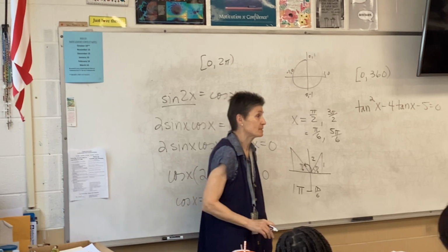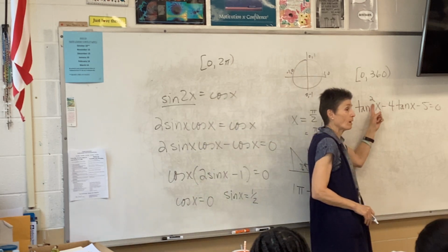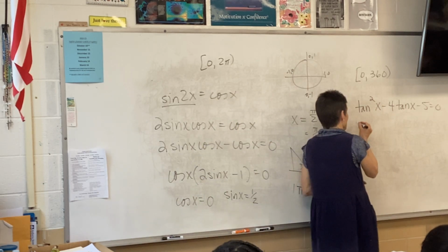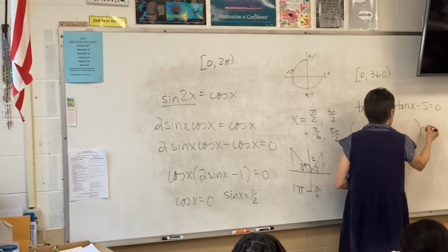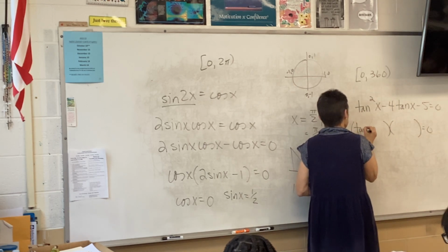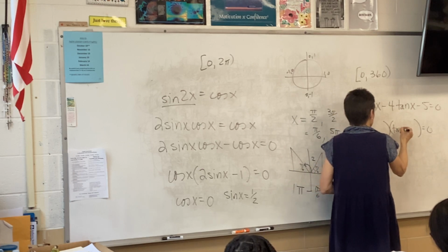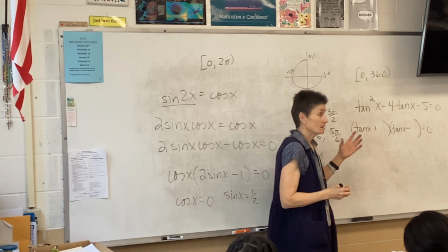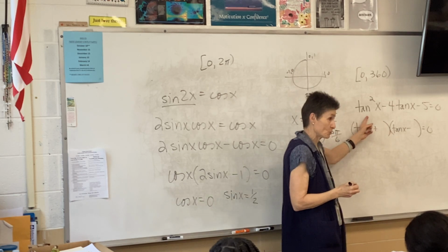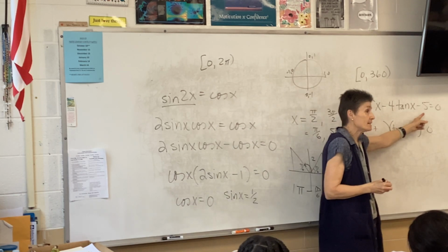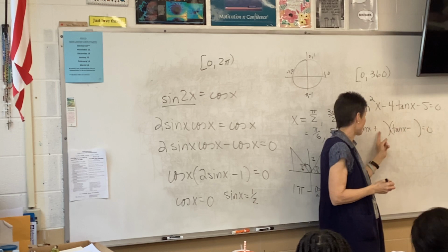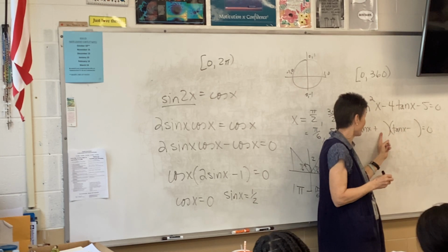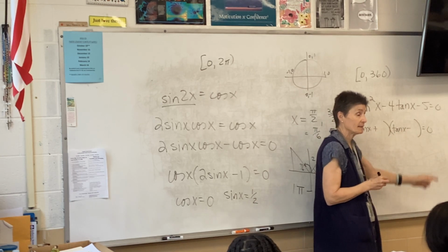Factor it. Absolutely. Kids, isn't it a quadratic? How's it going to factor? Let's see. Tangent and tangent. And plus and minus. Tangent times tangent is tangent squared. I need a -5 on the end, so I'm going to have to multiply a positive times a negative.